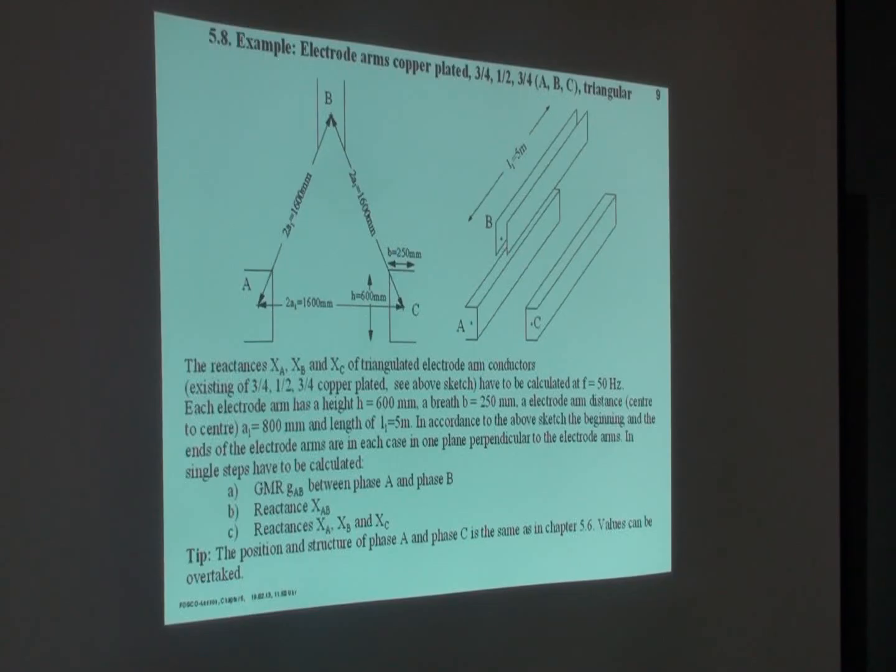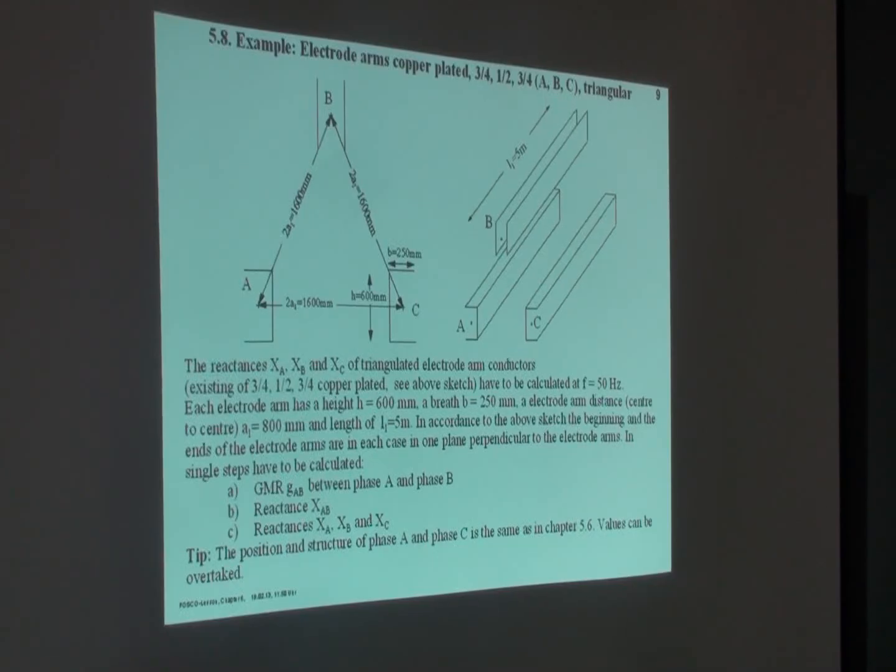So it should be triangulated here. And triangulated means it should be the same value ABC. What do we get?